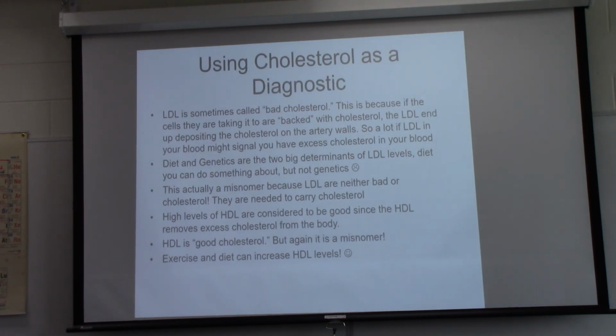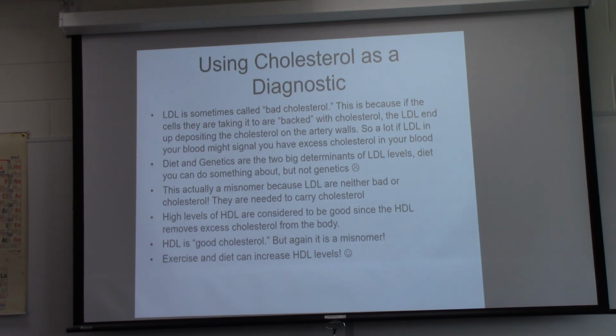All right, finally, most people here, when they hear cholesterol, probably think of it as a negative thing. What happens is measuring cholesterol is a way of measuring how clogged your arteries are. And the way that they do that is they measure two of the lipoproteins, LDLs and HDLs.